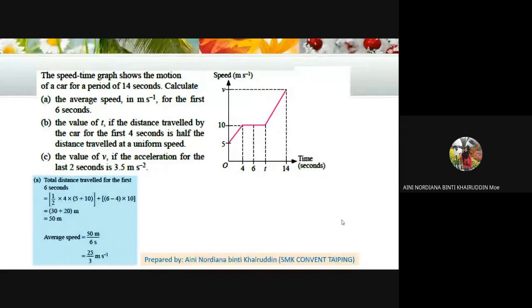So first you need to calculate the distance travel for the first 6 seconds, which is A and B. So this is A, this is B.